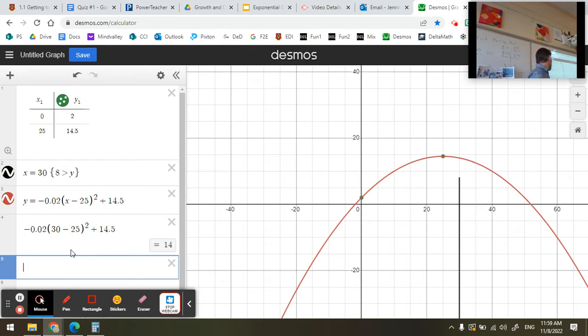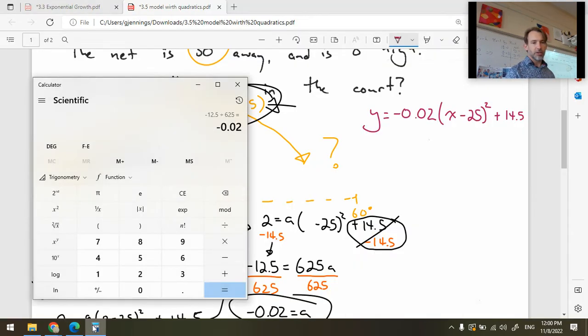It's big enough? Okay. 30 minus 25 is 5. 5 squared is 25. 25 times negative 0.02, work it out on your calculator: negative 0.02 multiplied by 25 equals negative a half.